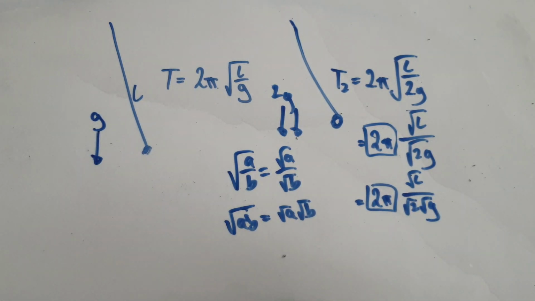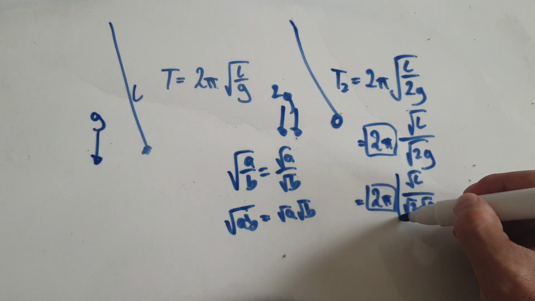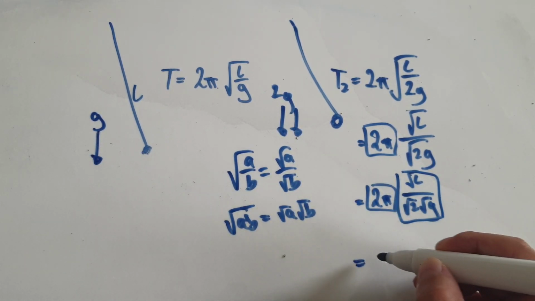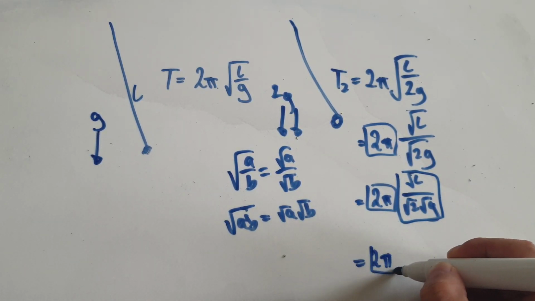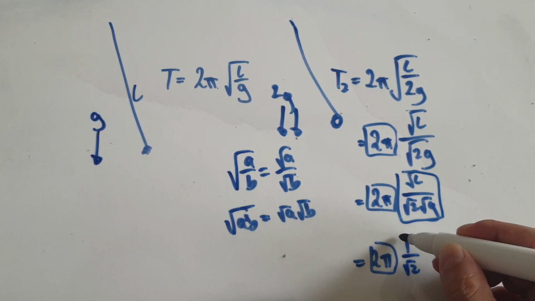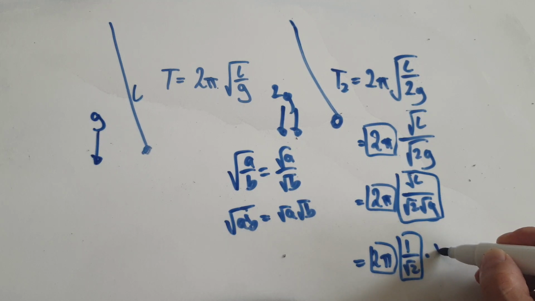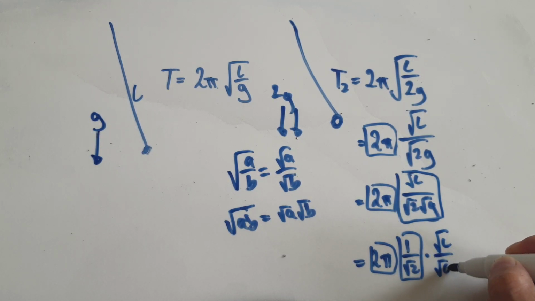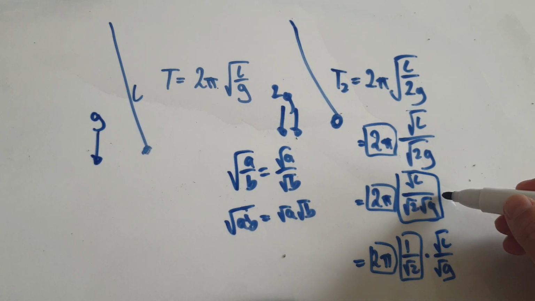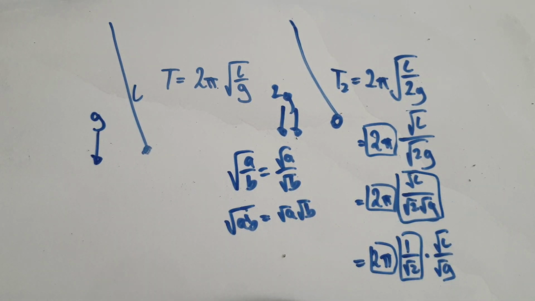So now, so you've got this fraction here. Using algebra, I can break this fraction up as 2 pi as one block times 1 over root 2 as one block times root L over root G, because top times top, bottom times bottom will give you this. So now, let me clean this up.